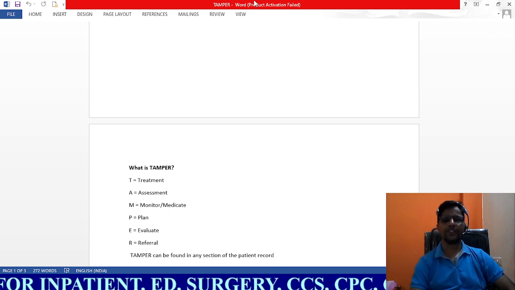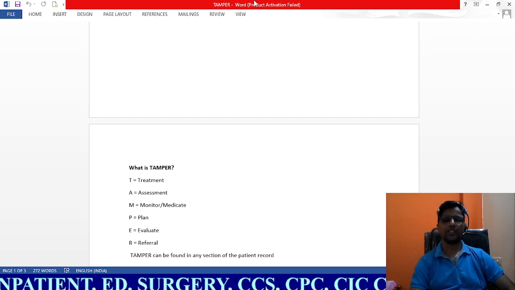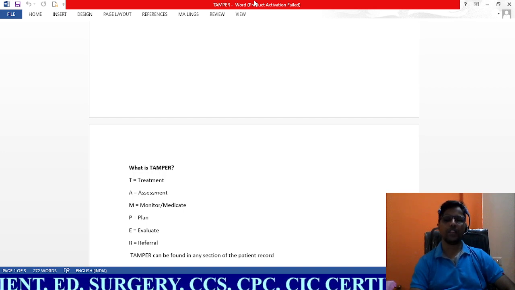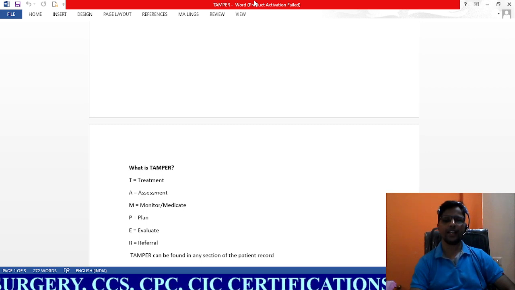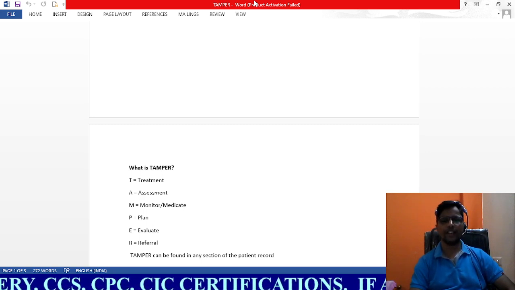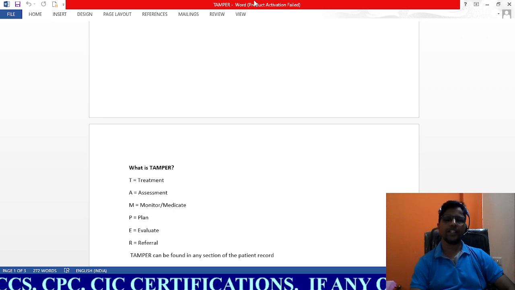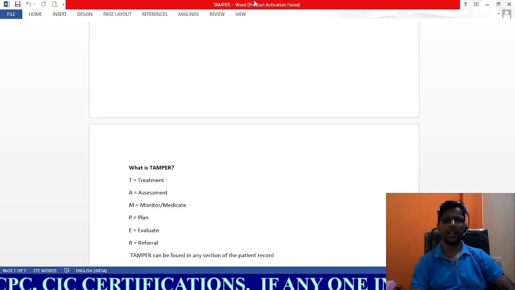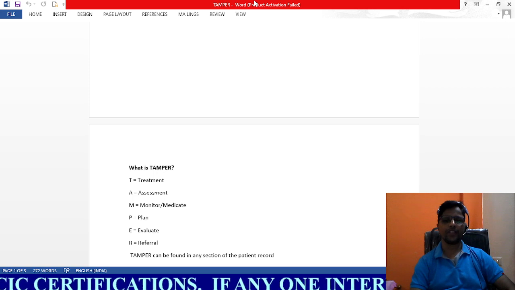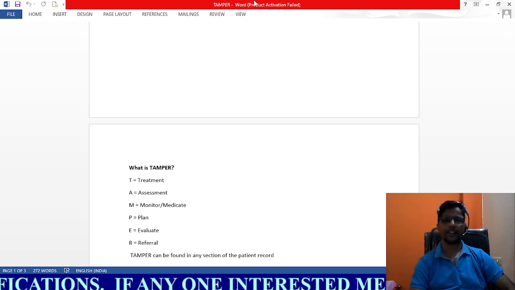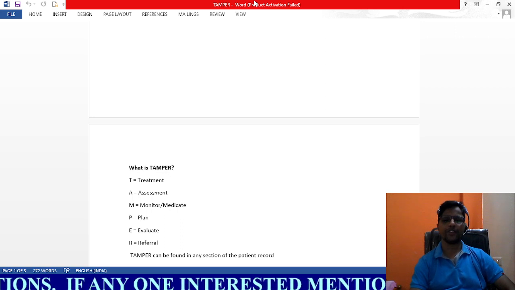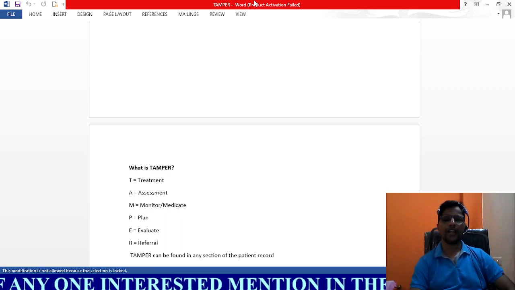And P means plan: whether the physician is going to do any future workup for that condition or not. And we need to check evaluate, so whether the physician is evaluating that problem or not. And also referral. Whenever the physician finds any chronic condition, he may refer to another physician.